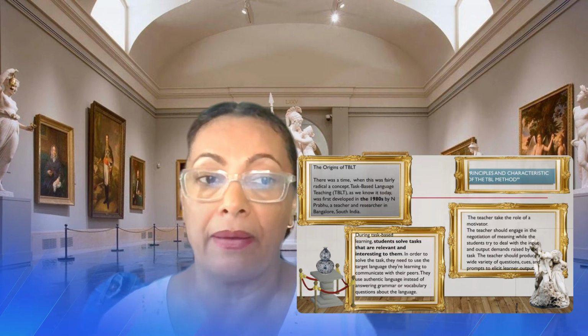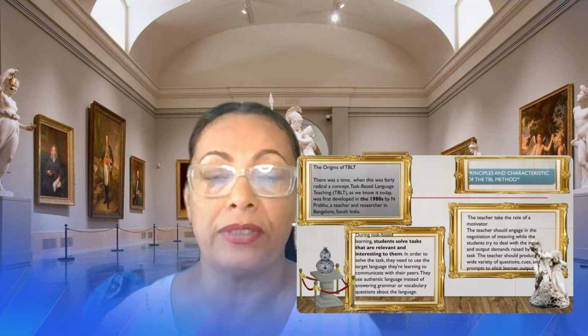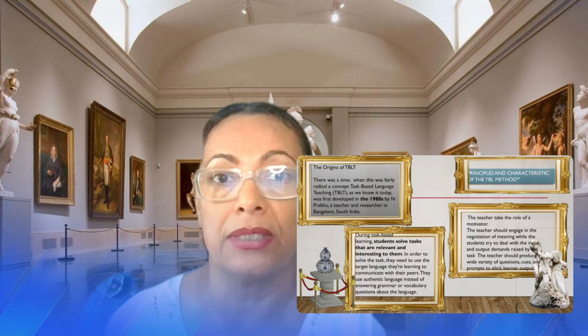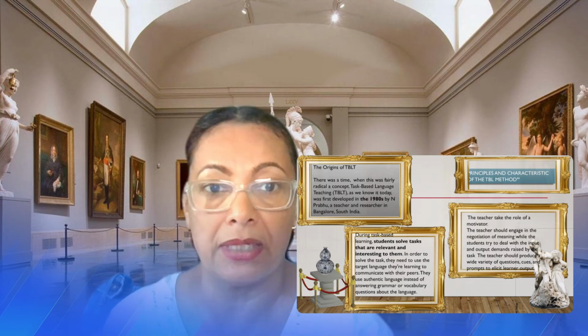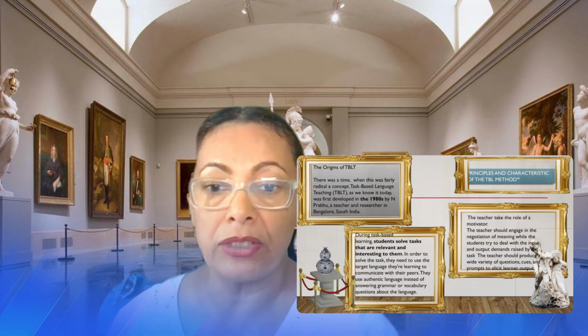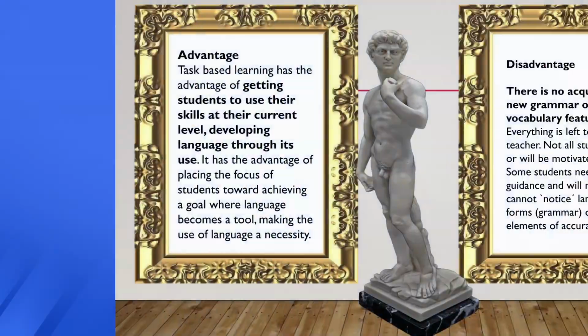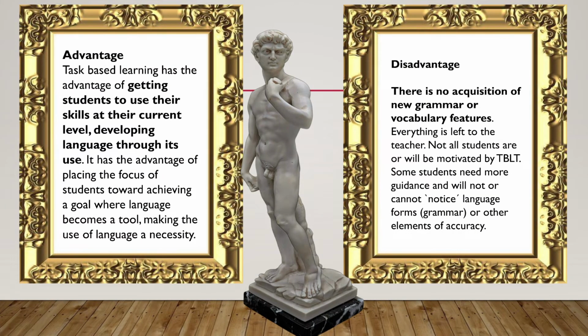So this is a very important part of the roles that the teachers and the students take with the task-based learning method. So the next room that we are going to visit talks about the advantages and disadvantages of task-based learning.